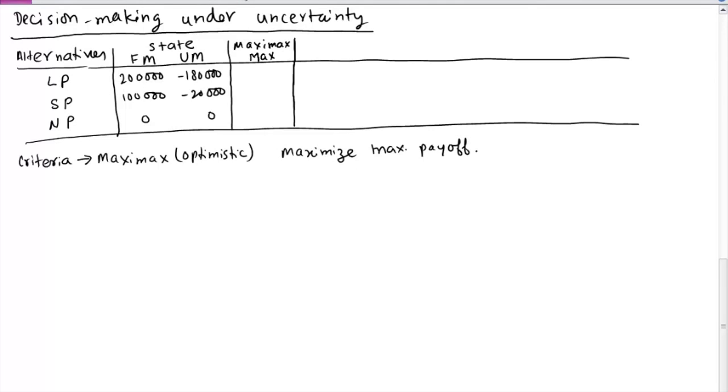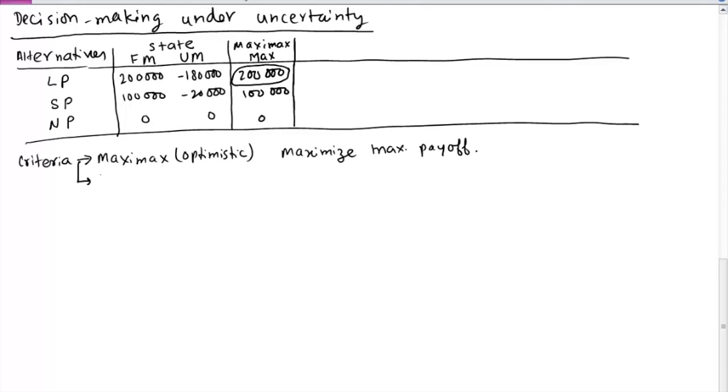For example, in the first row, the maximum value is 200,000. Then you have 100,000 and then 0. Out of the three, the maximum is 200,000. So if we are using the maximax criteria, the decision is to go with the large plant because that will result in the maximum profit.